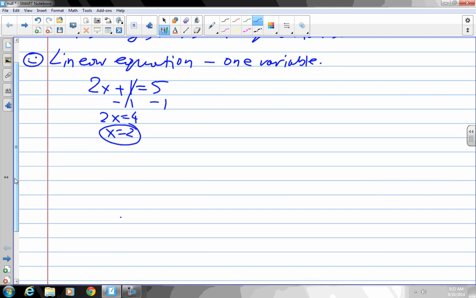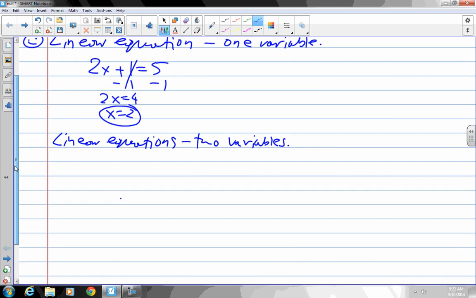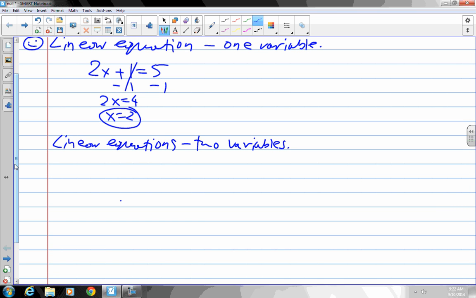The next type of equations that we talked about was linear equations with two variables. There you automatically get infinitely many solutions. But it's not just all real numbers. It's a very specific set of ordered pairs that satisfy an equation. So an example would be, again, something friendly like this. Here's an equation with two variables, and it has infinitely many solutions.